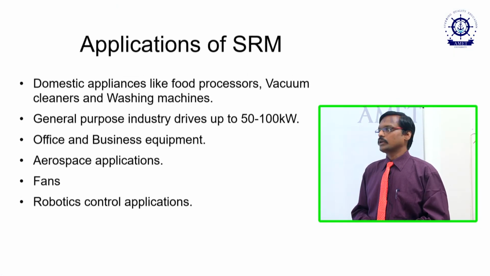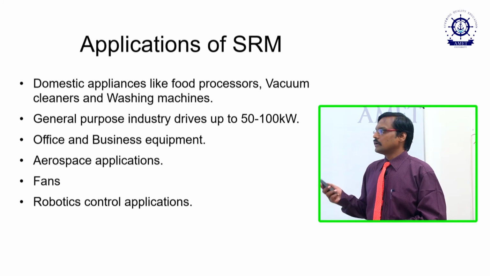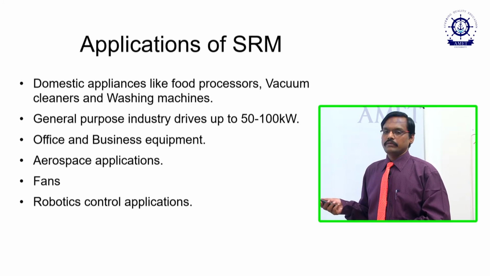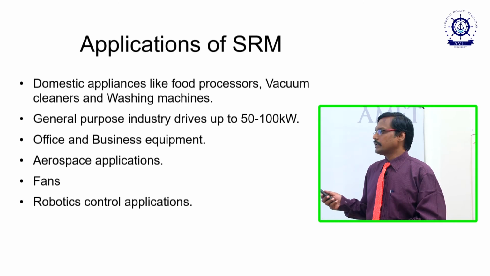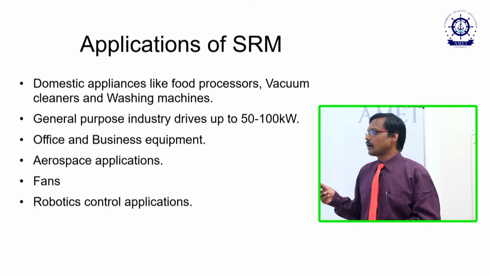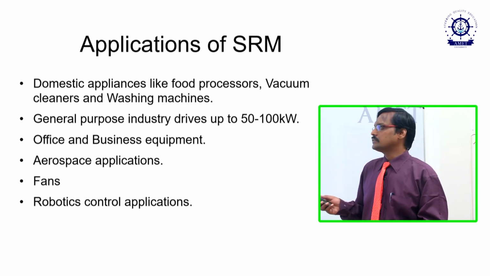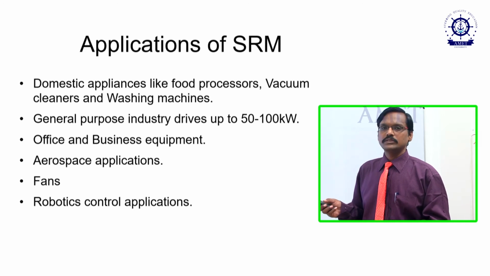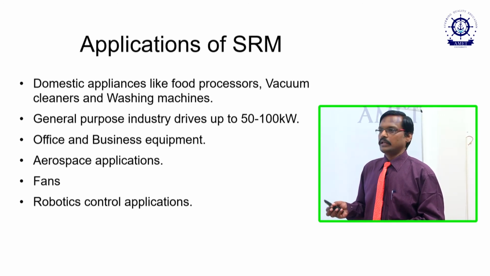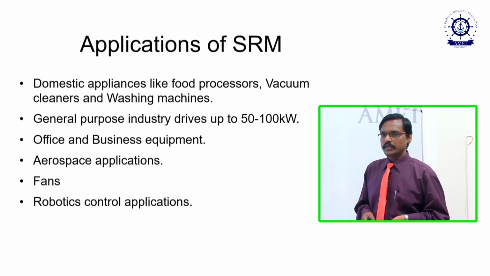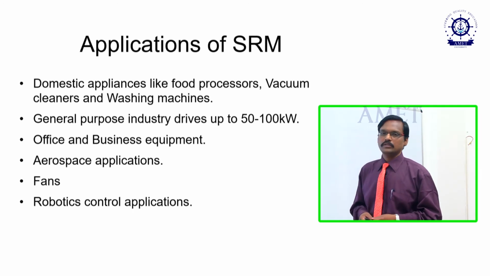Applications of the SRM motor: as I already explained, since it has very good efficiency and a very long life, we go for this SRM motor in domestic applications like vacuum cleaners, washing machines and food processors.